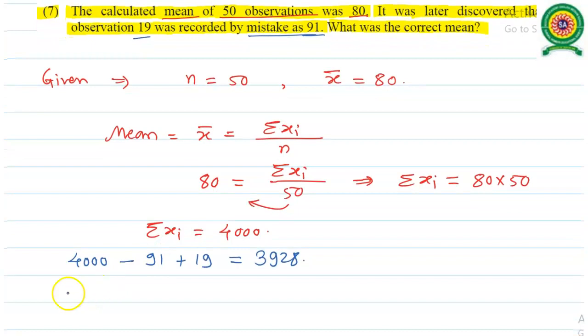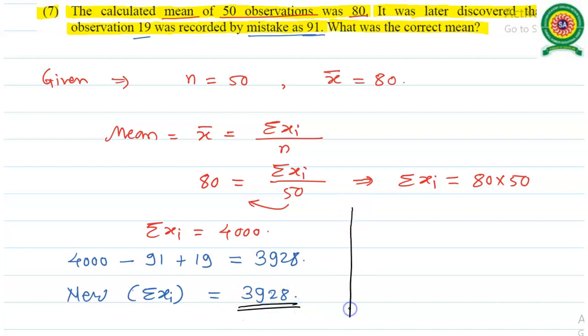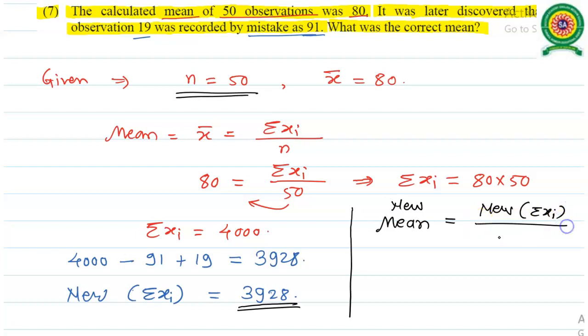This 3928 is the new sum of xi, the sum of the scores or observations. Now once we replace the observation 91 by 19, the total number of observations remains constant, equal to 50. So now the new mean is equal to the new sum of xi divided by the total number of observations, n.